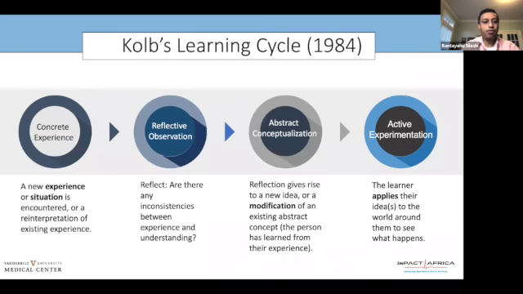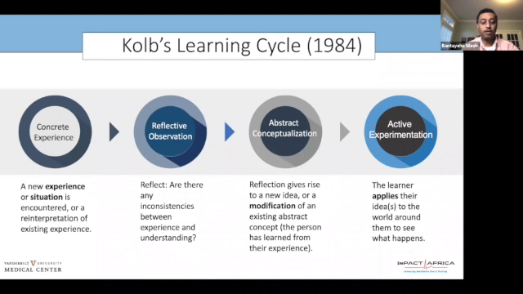So here's how Kolb's learning cycle works. When someone has a new experience or is put in a new situation, they take time to reflect and observe. And then as they reflect, they ask, are there any inconsistencies between my previous knowledge and what I am seeing now? Then they go to the next step, which is abstract conceptualization.